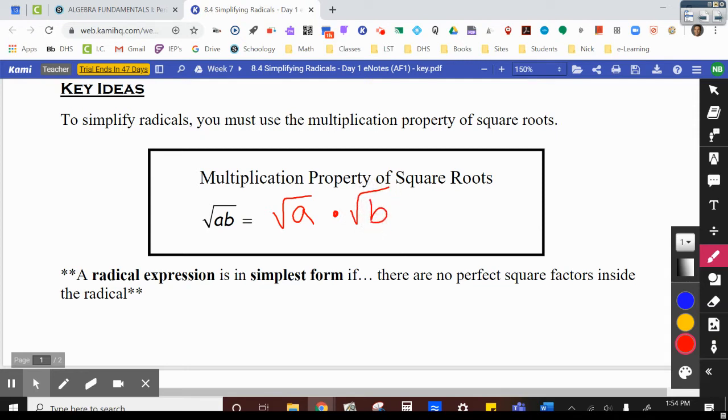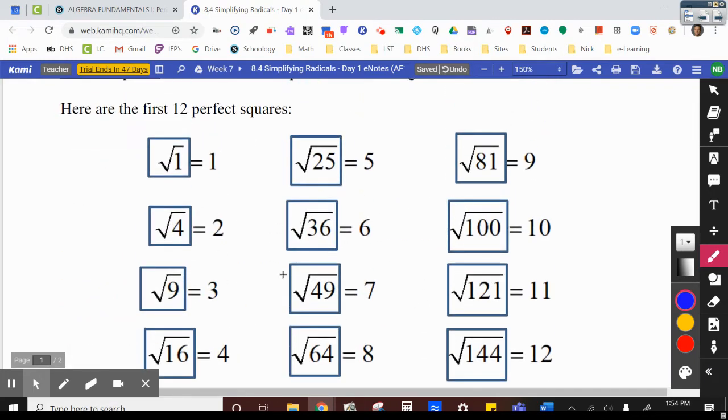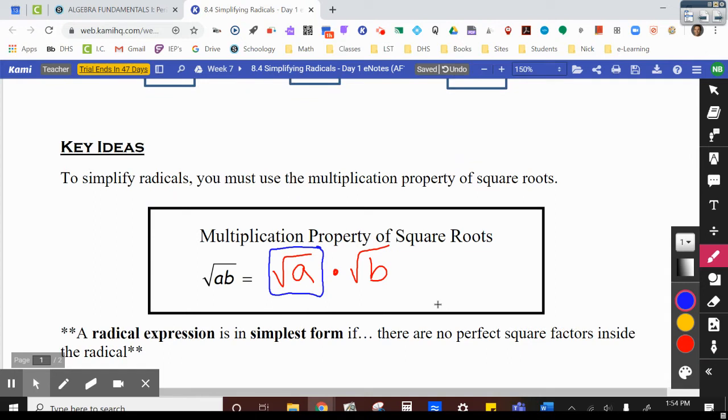So the square root of a times b is equal to the square root of a times the square root of b. We can break up a radical into 2 separate radicals, and we want this square root of a to be a perfect square number. So it has to be one of these perfect squares to break up your square root into.